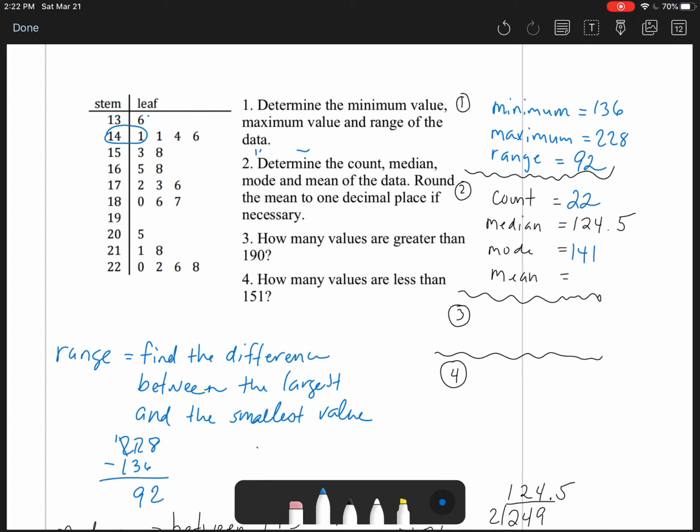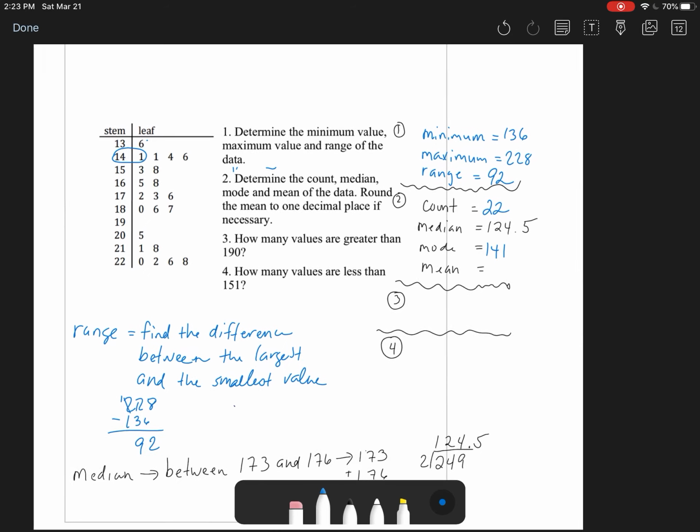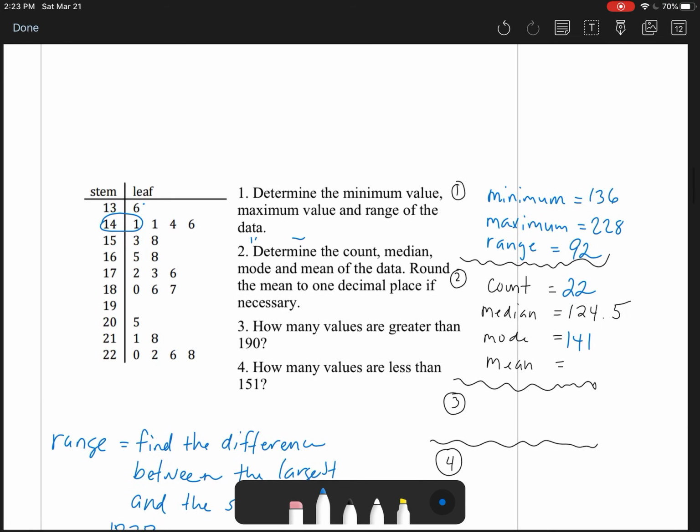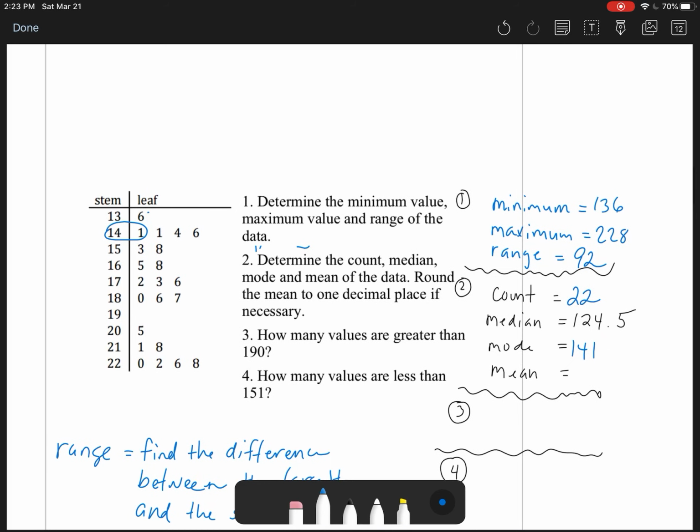And the mean or the average, and how are we going to find the average? We're going to add up all the numbers and then divide by the count. Okay, so you have all these numbers here that we want to add up. It might be easier if you write them out.